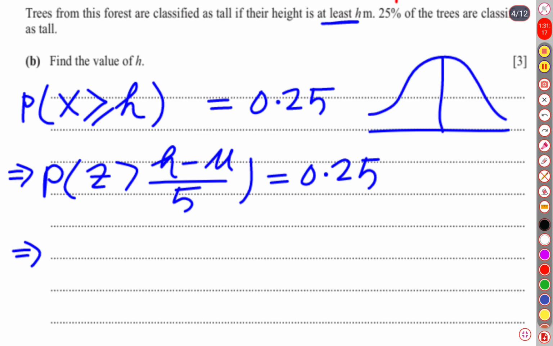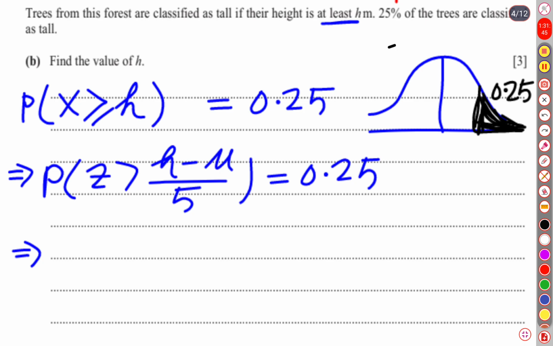Our probability is 0.25 and it is lying on the right side, so this small part is our probability. What about the rest of the part?